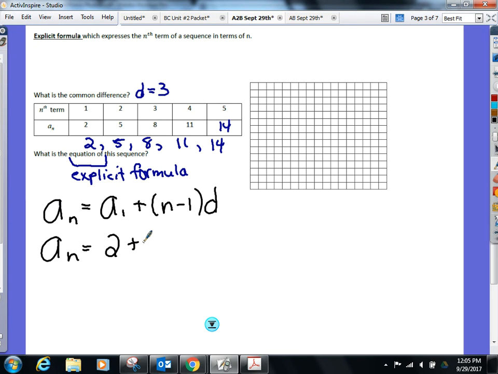Lucas, did we plug anything in for n here? Nope. So guess what we're not going to do here? We're not going to plug in for n. Brooke, what was my common difference here? 3. I went by 3s. Can you guys clean that up for me? Distribute the 3 and combine like terms.